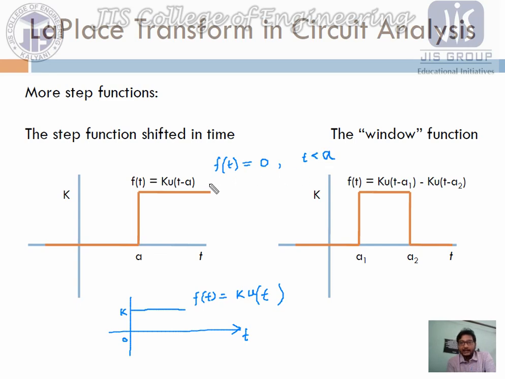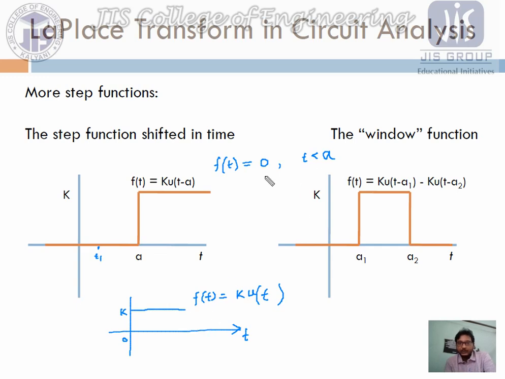It means at t equals 0 the function value is 0, and at t equals t1, with t1 less than a, the function value is also 0. So generally, for the previous case, can we write that f of t is equal to k u of t, meaning after 0 the value starts at k, right.